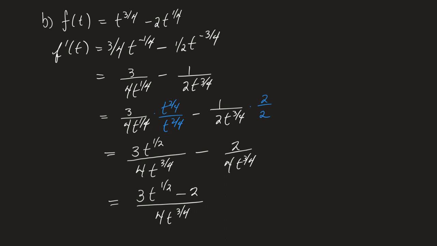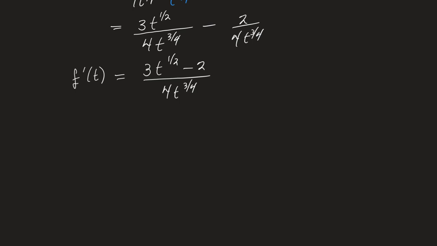And I want the critical numbers. Now, the critical numbers will occur at points in the domain where the derivative is 0 or undefined. So first, let's think about where this derivative will be 0. And that will occur when the numerator is 0.